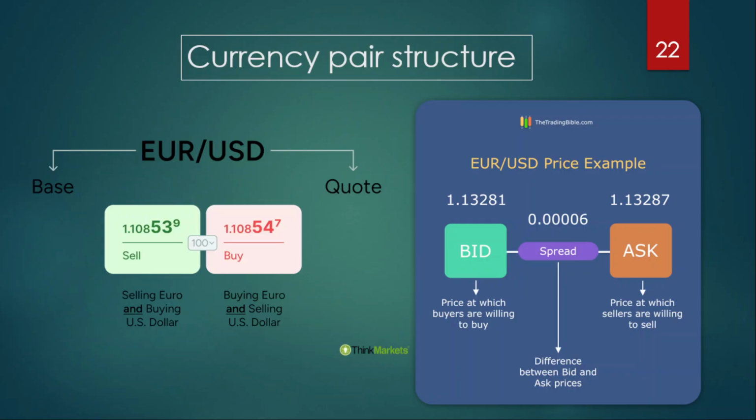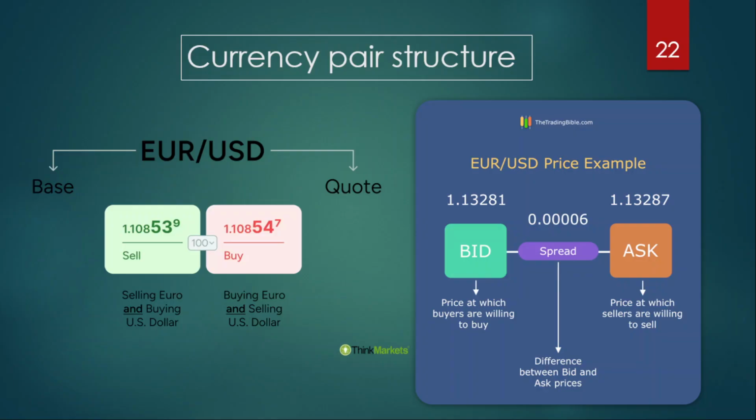In this example, Euro USD as a pair, we have the bid price as 1.13281, and the ask price as 1.13287.